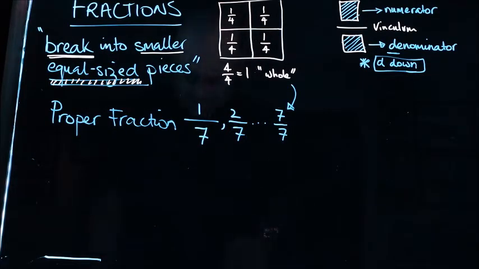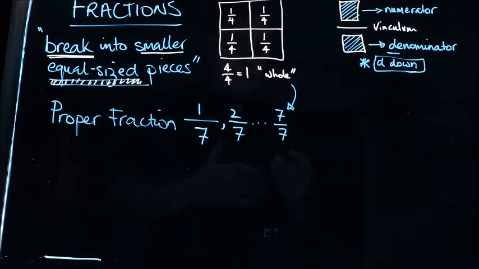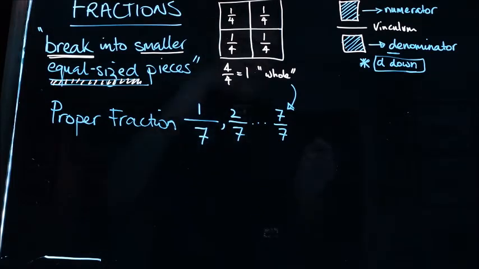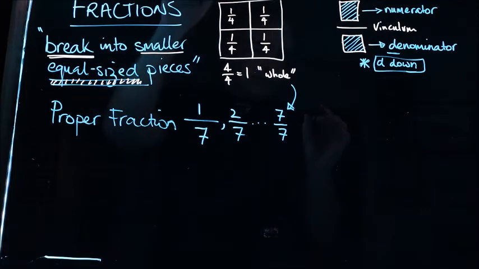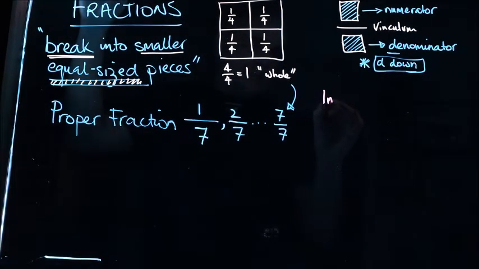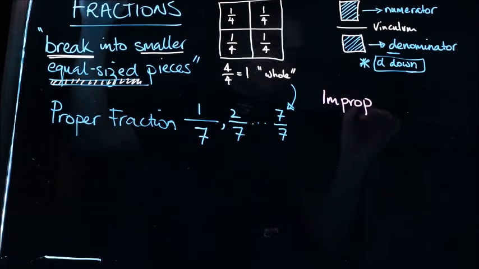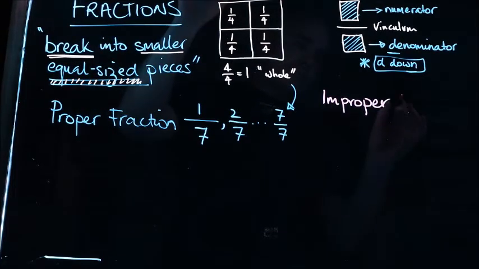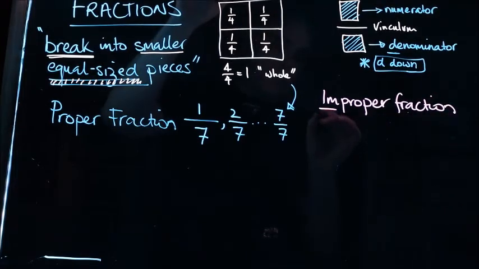Okay, so the next thing that happens, and I'm just going to change the color of my pen here, is that we move into this space where we have improper fractions. And the IM here means not.